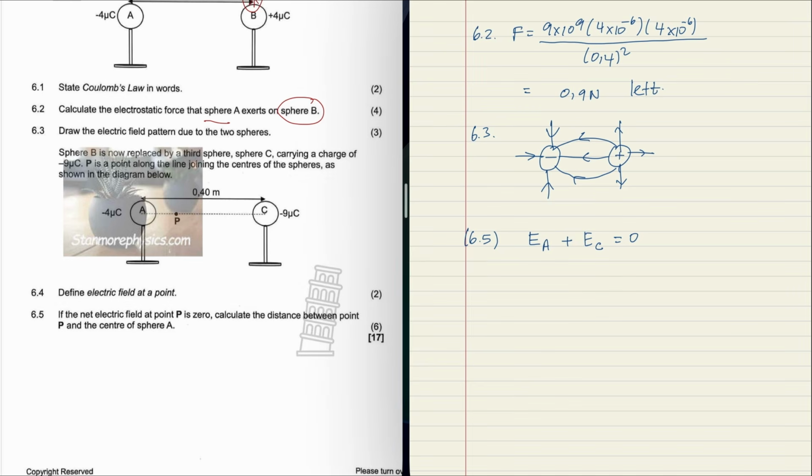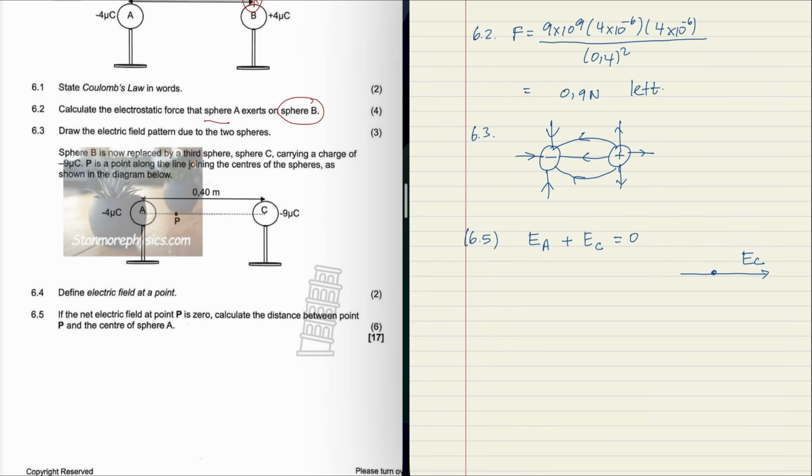And the reason why we're doing this is because if we had to draw a field diagram, not a force diagram, showing the fields acting at P, well, it's going to look like this. So if you imagine that P is a positive charge, which generally we do, P is going to be pulled toward C. So that's going to be the electric field due to C.